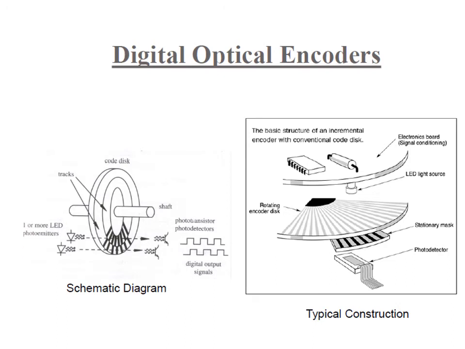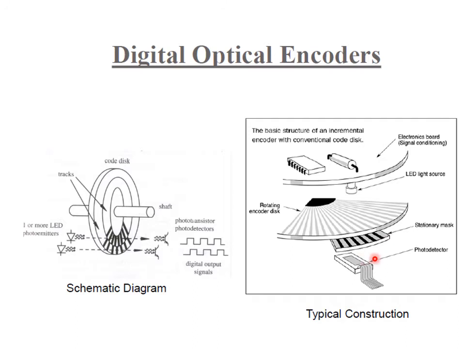What I was trying to explain in the previous slide is explained once again here, the working of a digital optical encoder. Here we can see a rotating encoder disk and an LED light source. That light comes from here and passes through this rotating disc, and it is compared against a stationary mask.